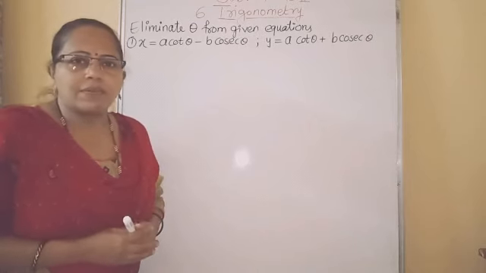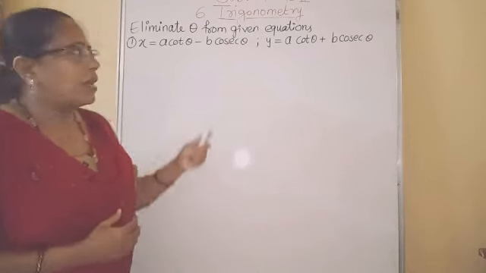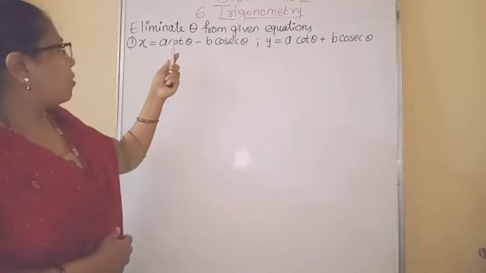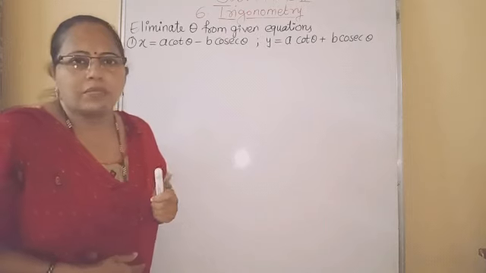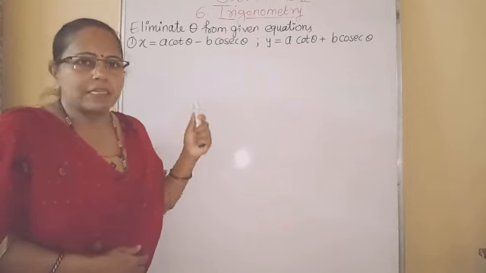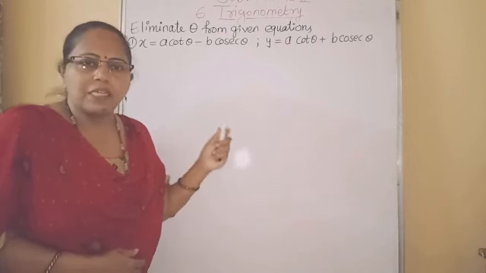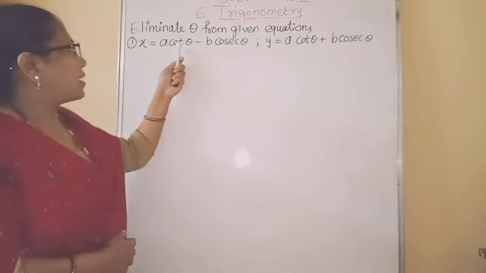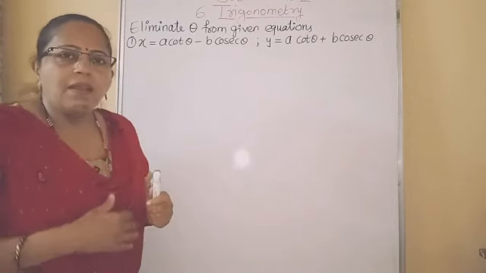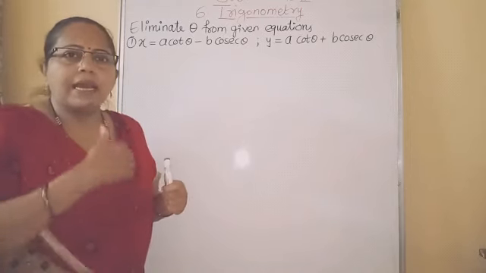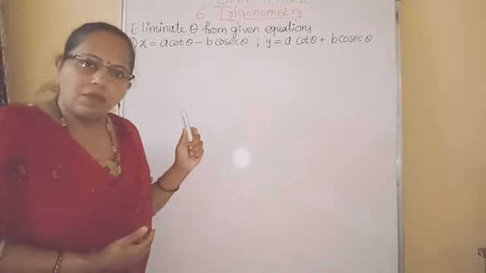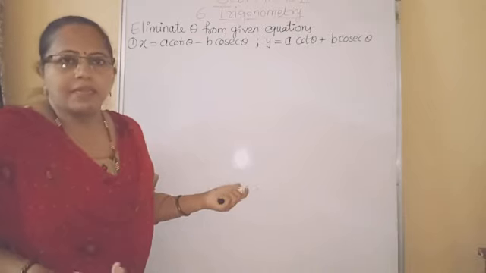So how do we solve those equations? The same way we have to solve these equations, and we have to get the value of cot theta and cosec theta, like how we find the value of variables x and y. Same way, instead of those variables, we have to find the value of trigonometric ratios, and then apply the identities using those ratios. Followed? So this way we can eliminate theta.